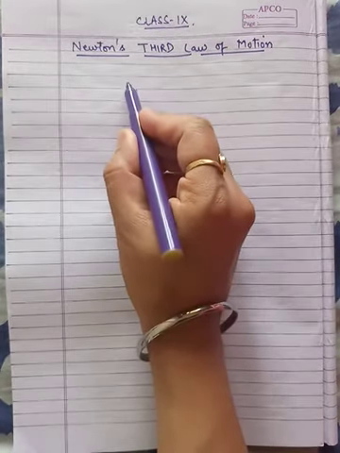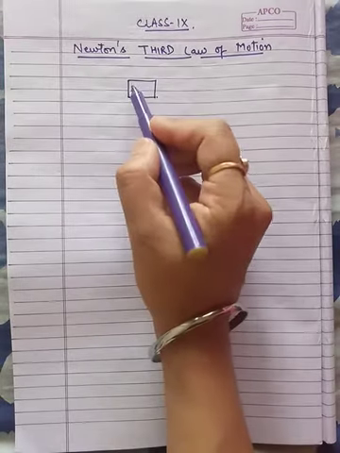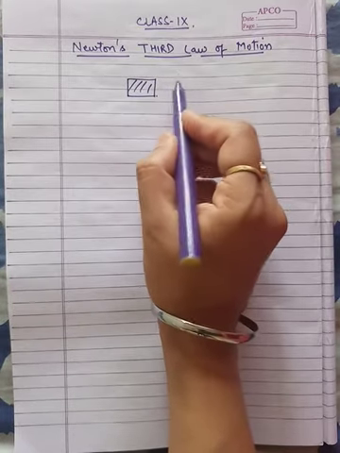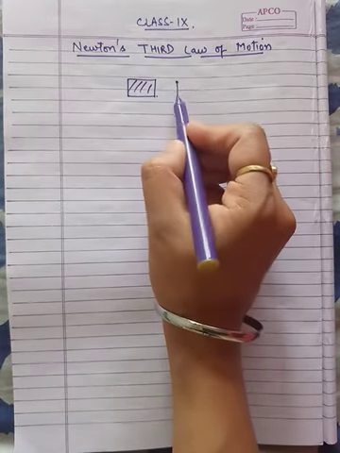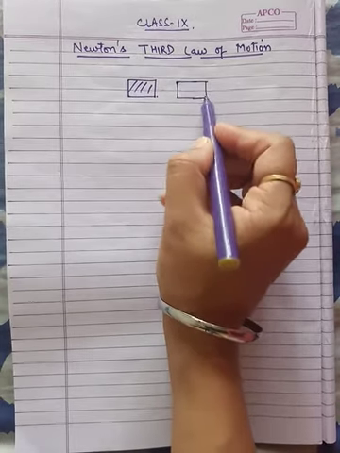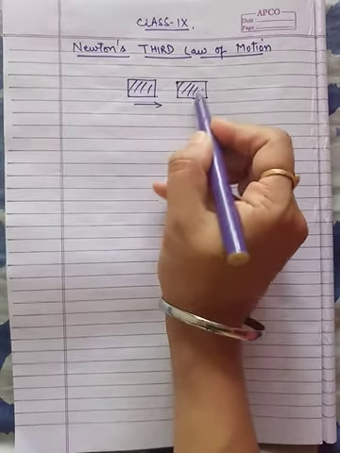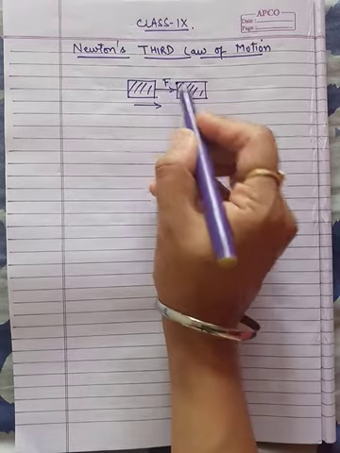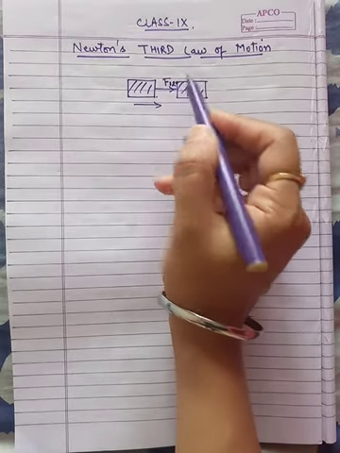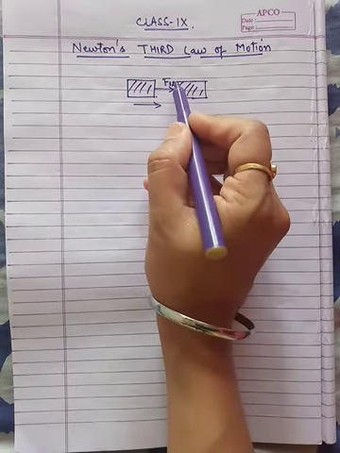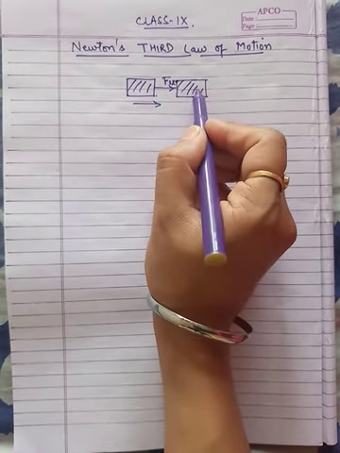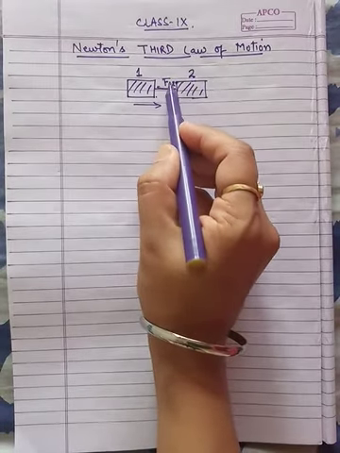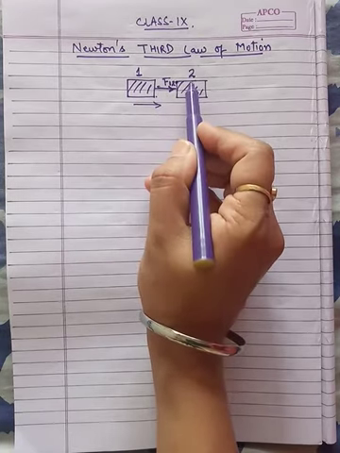For example, I am taking one rectangular box, and suppose this rectangular box is moving and pushing another rectangular box. If this box is exerting force F1,2 in this direction on the second box, this is the first box, this is the second box, so the force is F1,2 from 1 towards 2.